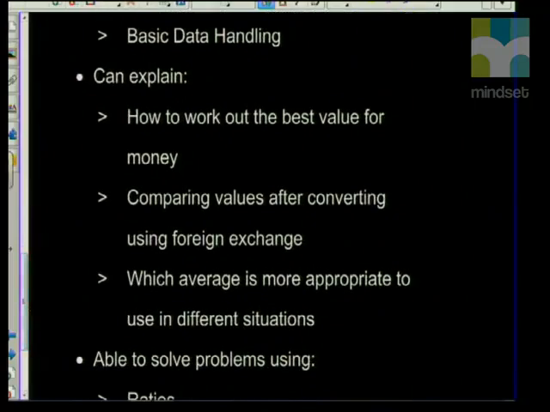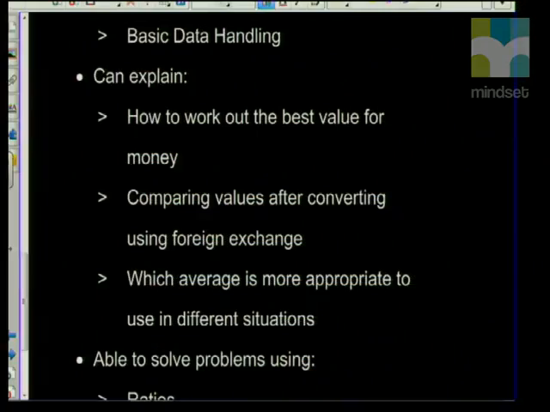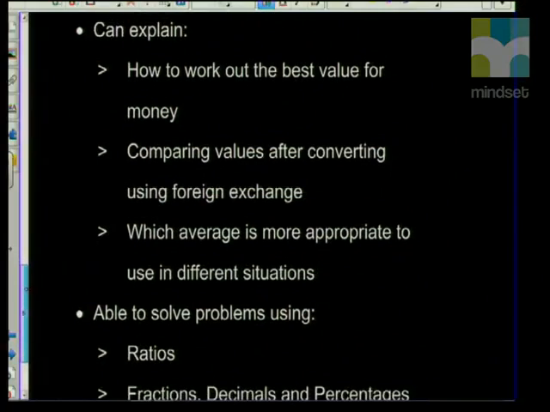In basic data handling, this includes your graphing, your averages, being able to compare data, being able to do different things with the data, and then being able to come up with a comparison if necessary. In this section, you need to be able to explain how to work with the best value for money.